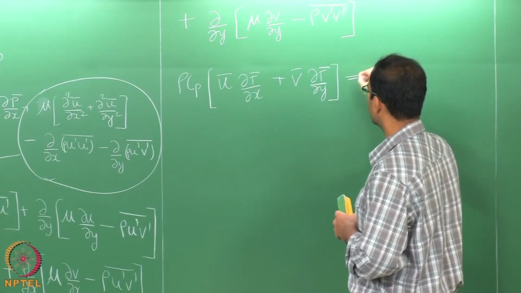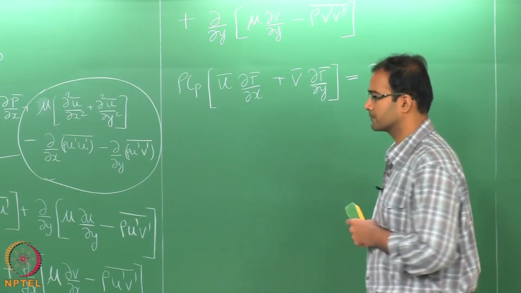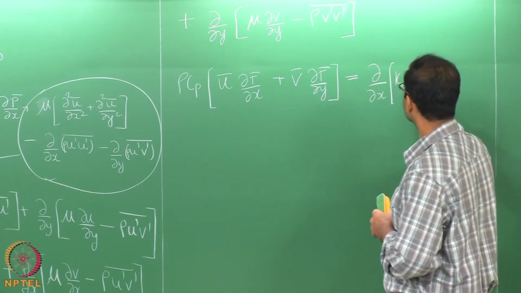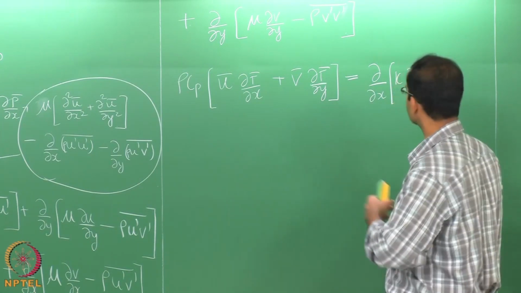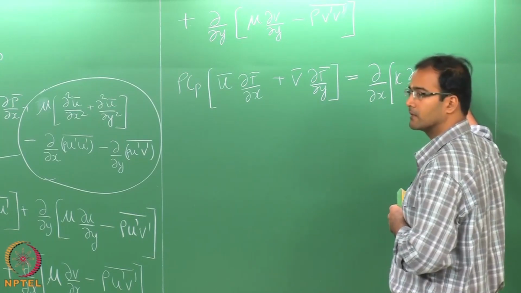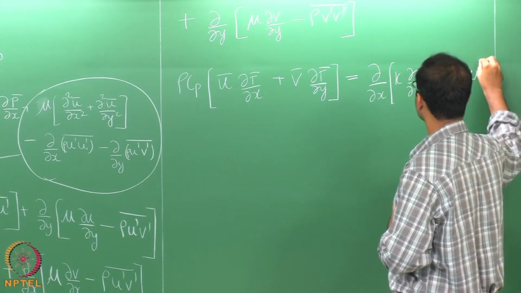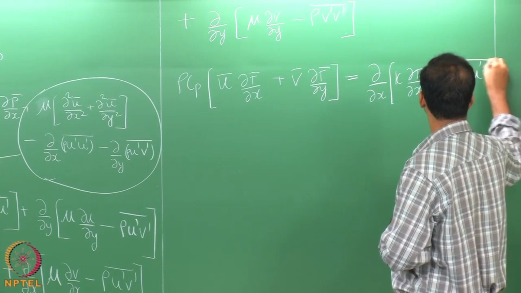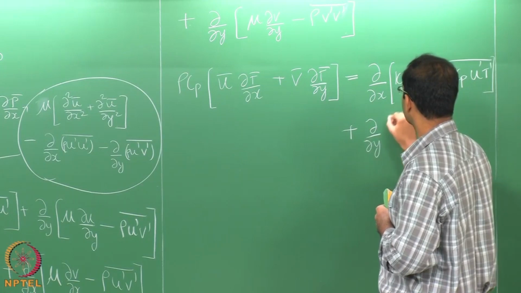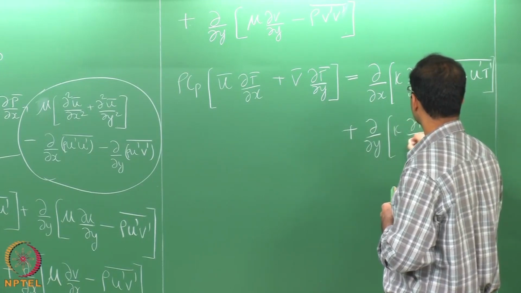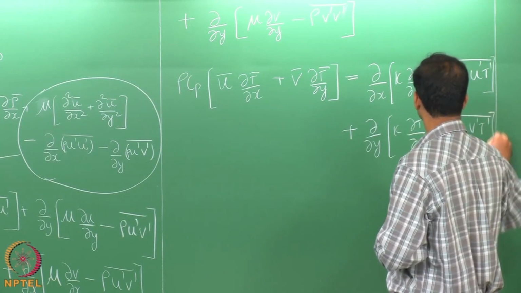On the right hand side I have d/dx of k dT/dx minus rho Cp into u prime T prime bar, plus d/dy of k dT/dy minus rho Cp v prime T prime bar.